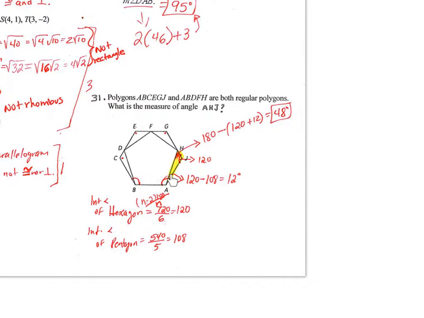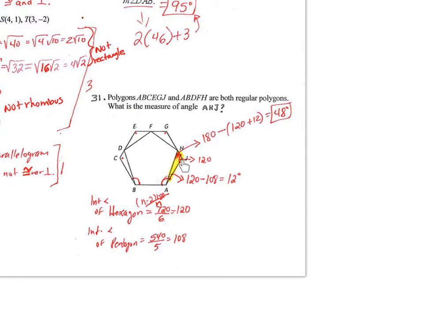If I know this little angle, which is the difference of the hexagon interior angle, which is 120, minus the pentagon interior angle, I use my formula, n minus 2 times 180 divided by n, I got 108. When I subtracted those two angles, 120 minus 108, that gives me 12.